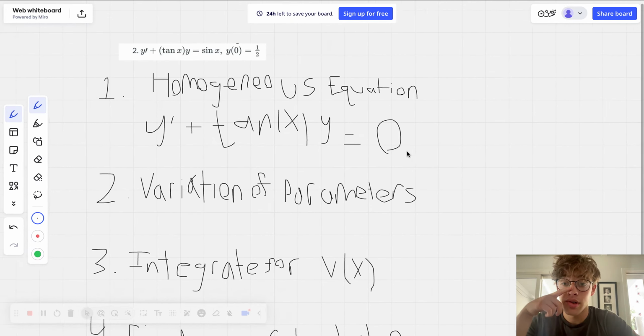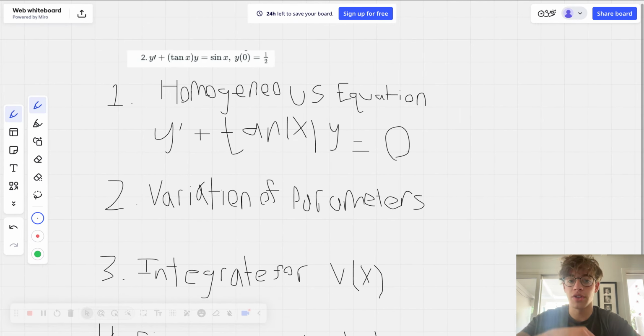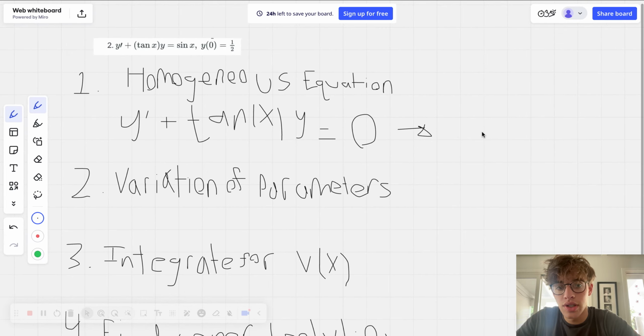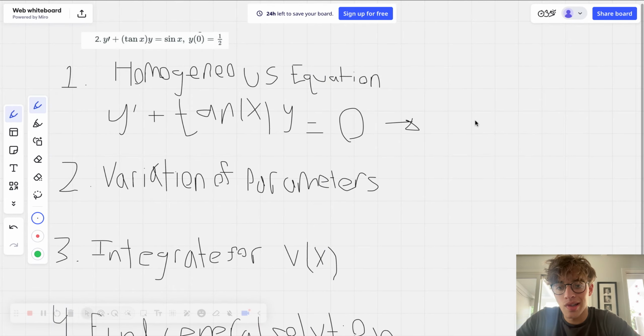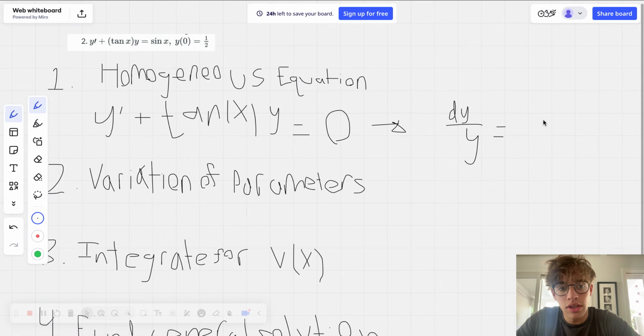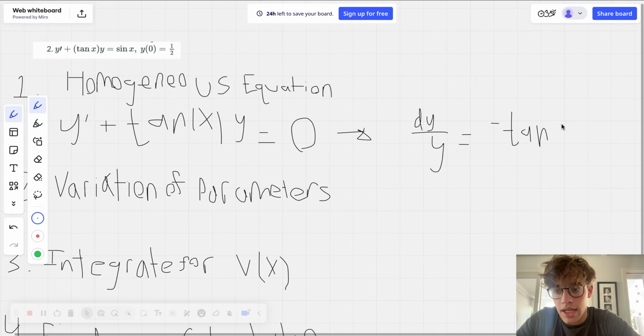And now this is a separable differential equation, since we could just turn this into dy over y equals negative tan x dx.